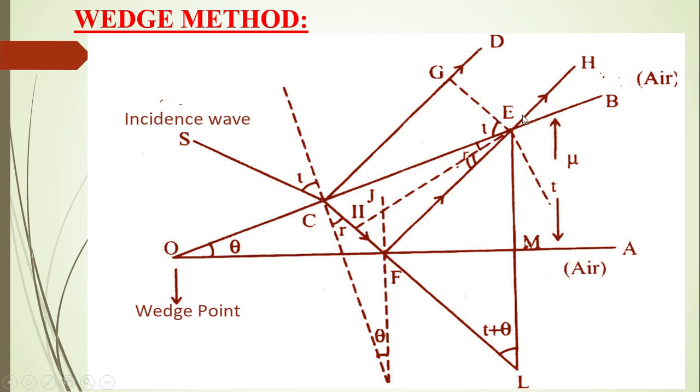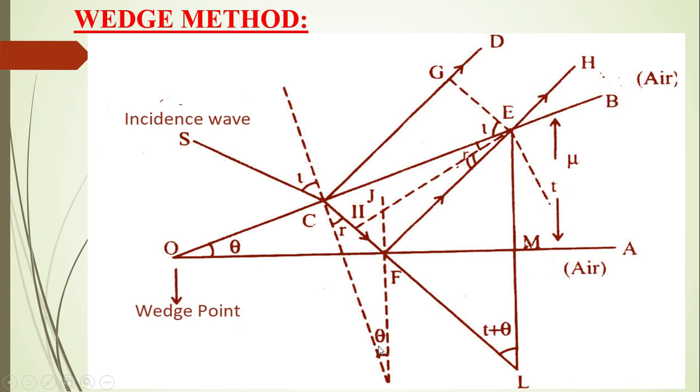These two reflected rays are coherent, produced by a single incident wave. These two reflected waves are superimposed and produce the interference pattern and we obtain the fringes. Theta is the wedge angle, that means the wedge surfaces OB and OA are inclined at angle theta.